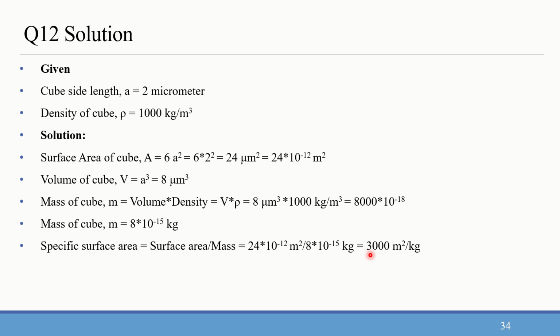When density was 1800 kg per meter cube, and here in this problem it is 1000 kg per meter cube. So when density is less, we will have a lower mass.